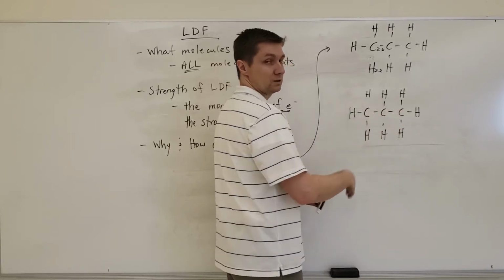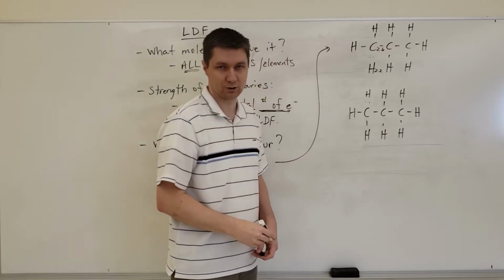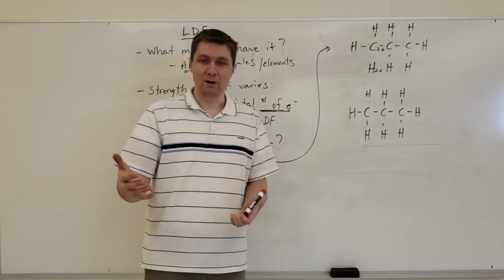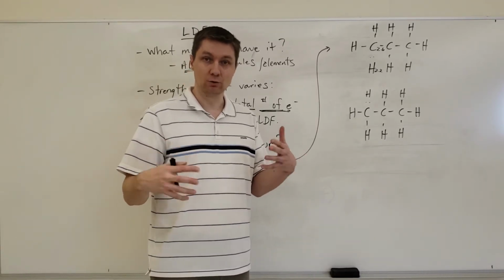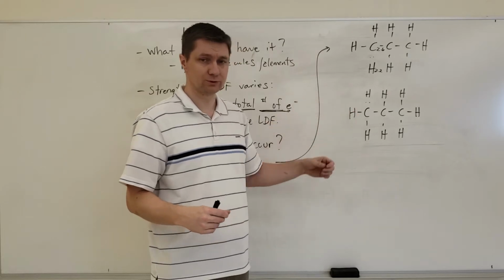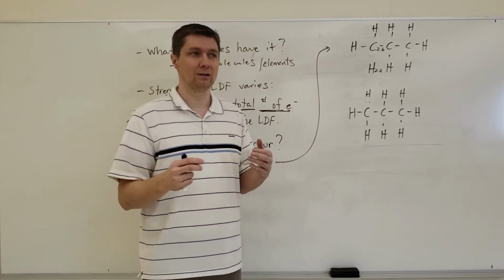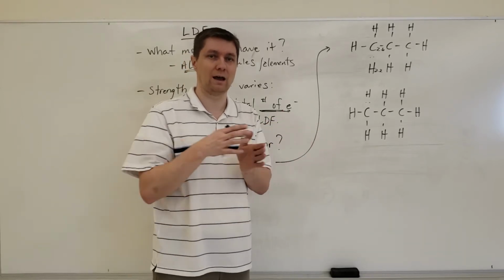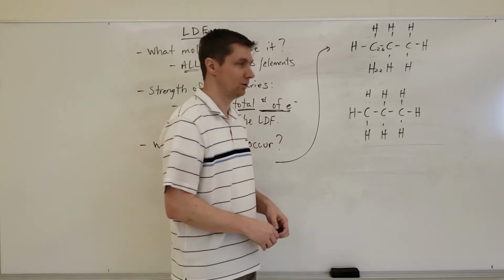So it is for this molecule right here, this molecule of propane. Every bond in here is going to have electrons being shared equally. But a little piece of information to add on is that electrons are moving within these orbitals. And while they may be shared equally most of the time, there may be moments in time when both electrons end up a little closer to one atom and further away from the other, just because of the random motion of electrons.